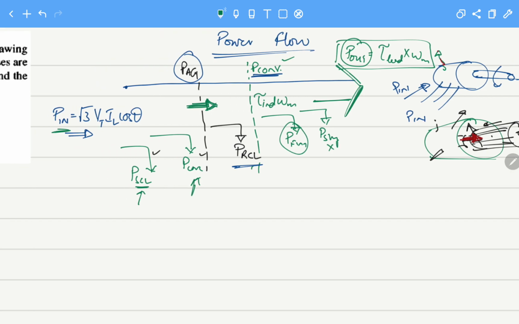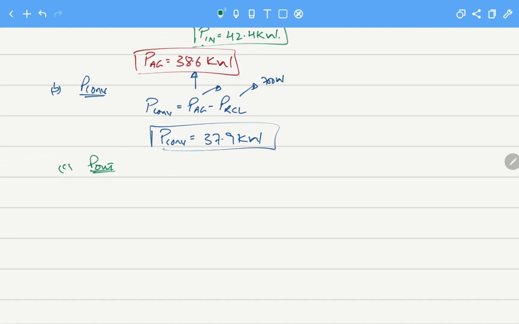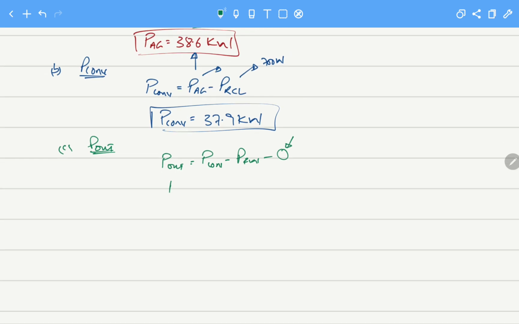Stray losses are negligible, so we can easily calculate this. P converted minus friction and windage minus 0, these being the stray losses or the miscellaneous losses. And this will become P out equals 37.3 kilowatts.